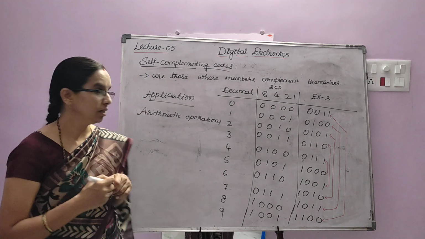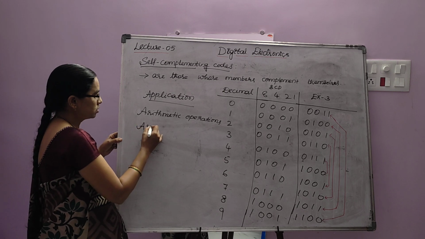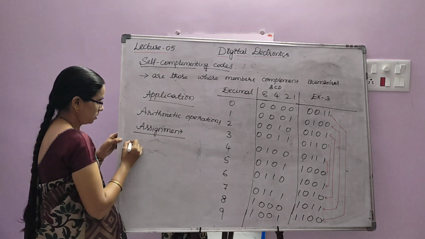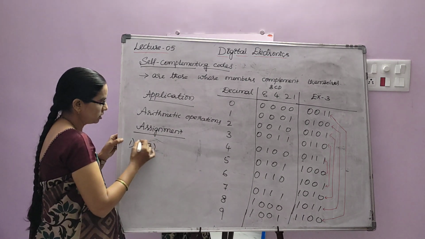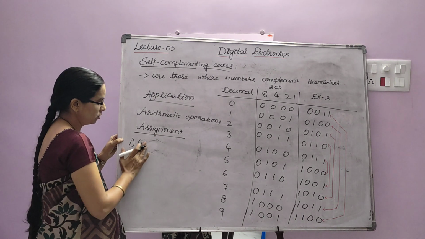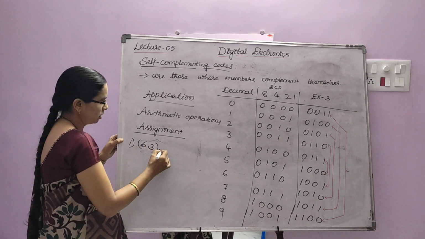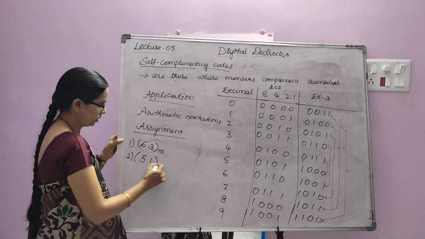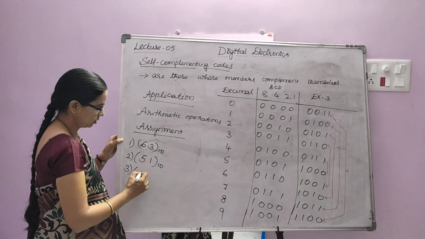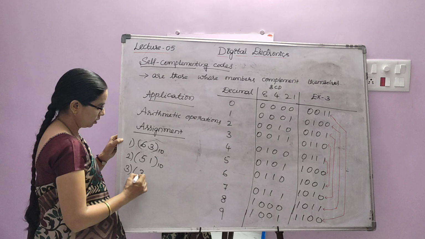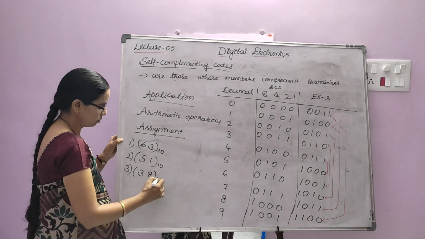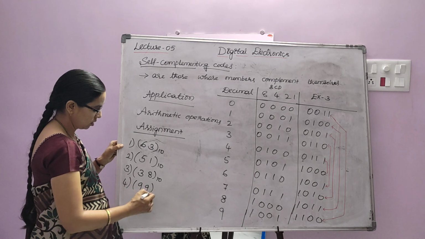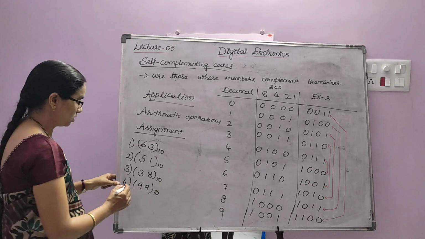Please text me. Take a few problems to convert into XS3: 63 decimal, 51 decimal, 38 decimal, convert these into XS3.